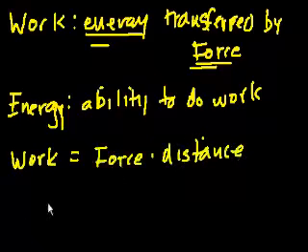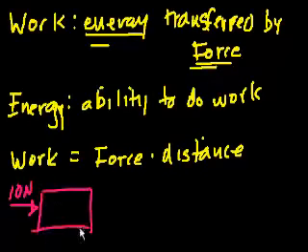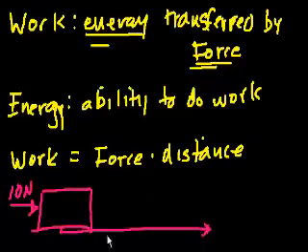So let's say that I have a block, and let me do it in a different color just because this yellow might be getting tedious. And I apply a force of, let's say, 10 newtons. And I move that block by applying a force of 10 newtons. Let's say I move it 7 meters.